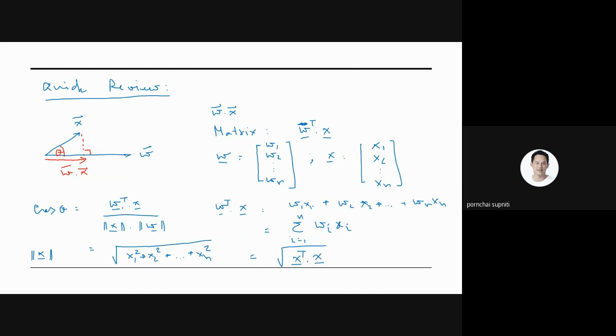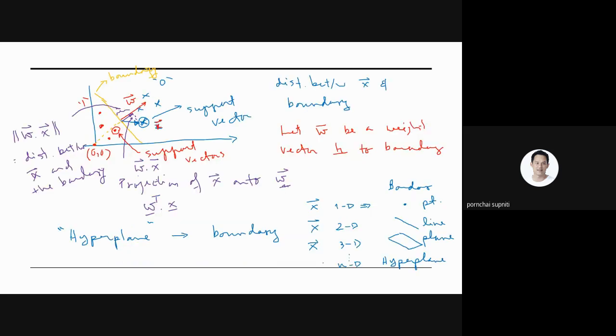So let's continue from the previous pictures that we saw earlier. On the previous page, we defined what is called a hyperplane, right? Which is just the boundary. In general, we can look at this picture as follows.